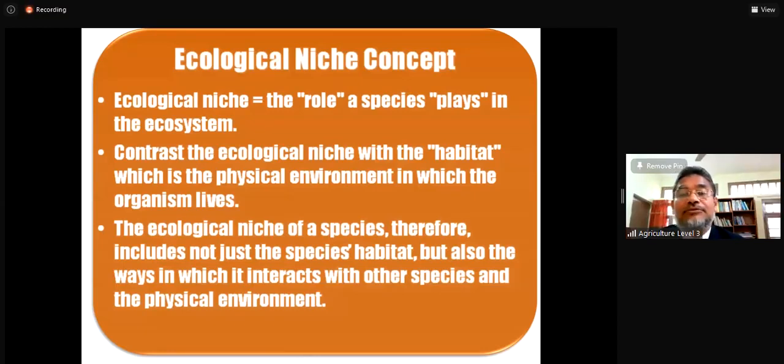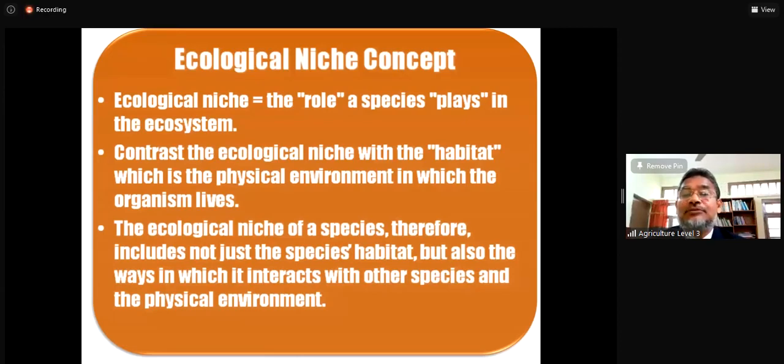Is it clear to you? Differentiate between habitat and ecological niche. If the question comes like this, what will be your answer? If you know these two things, you can explain.